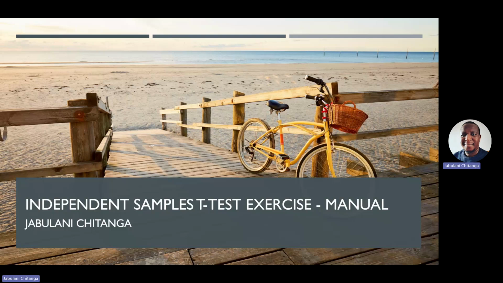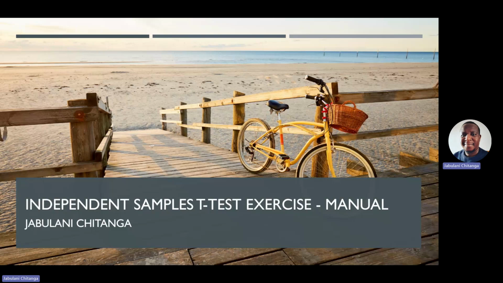Students often get confused on which one to run between the two t-tests, the one for dependent samples t-test and the one for independent samples t-test. The one that I'm showing you now is when two groups have been used in the process of data collection.